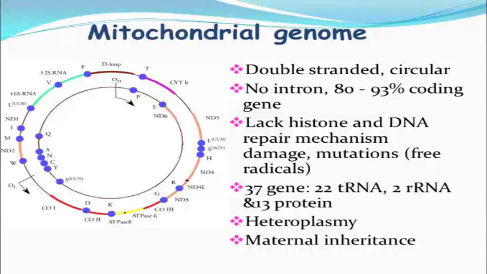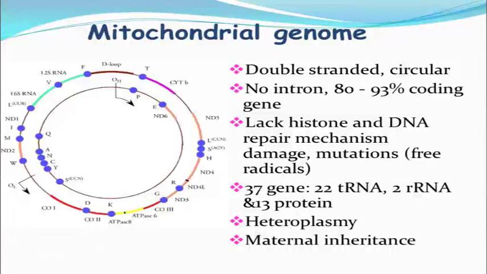It also lacks histones and DNA repair mechanisms, so there's a high percentage of mutations within the mitochondrial genome. Overall, the mitochondrial genome has 37 coding genes, coding for 22 tRNAs, 2 rRNAs, and 13 genes coding for short peptides.